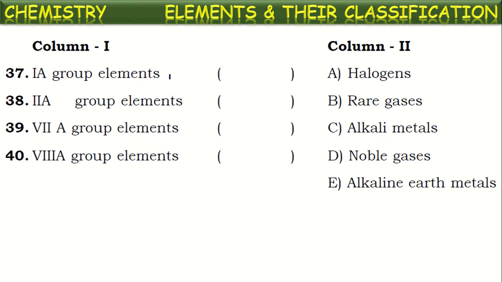First A group elements are called alkali metals, isn't it? Because these first A group elements form bases which are soluble in water. The bases which are soluble in water are called alkalis. So these metals form alkalis. So these first A group elements are called alkali metals.